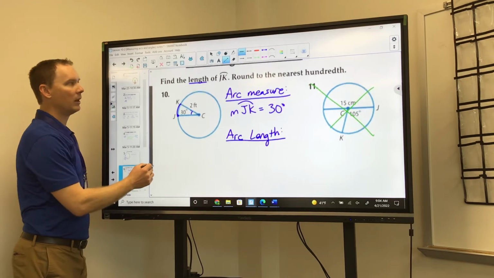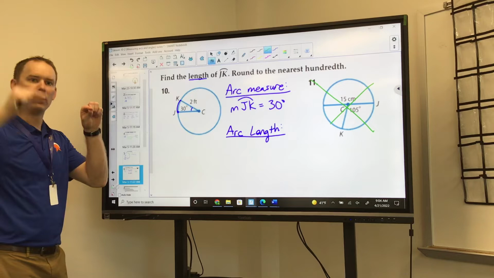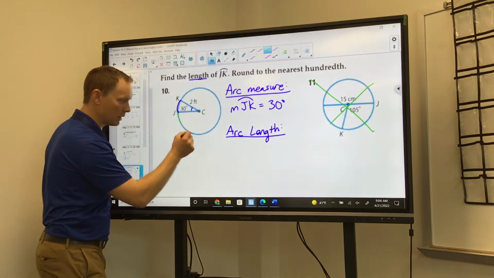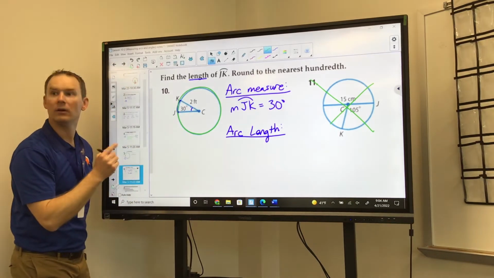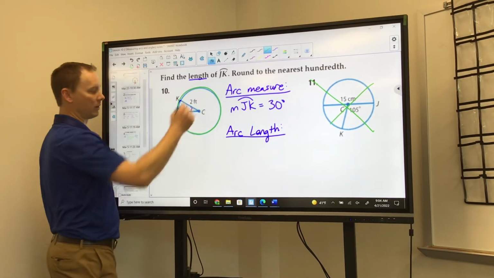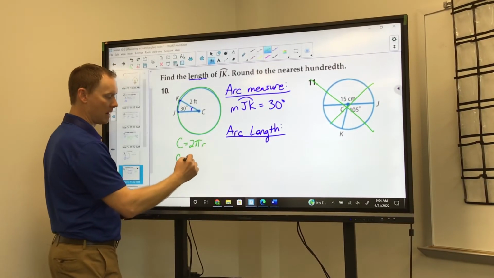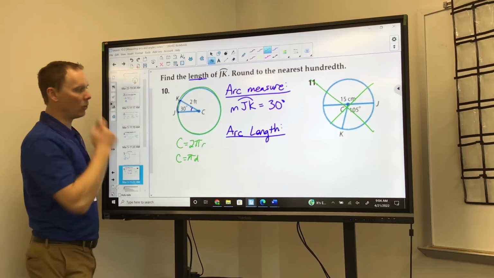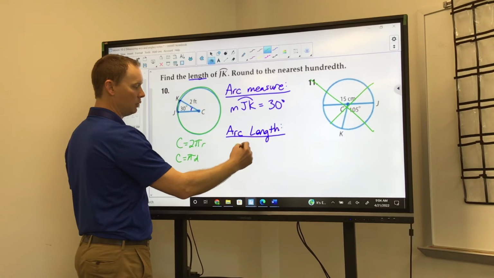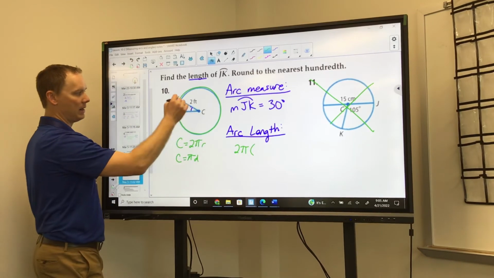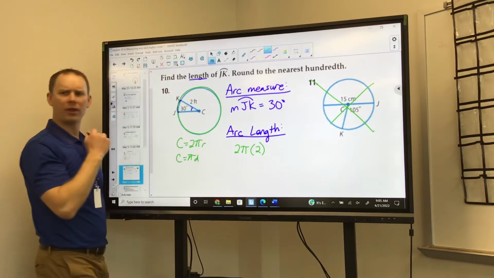So the arc length, we kind of already know a little bit of how to find the length around a circle. Because I think we've already talked about how to find this whole length around there. What do we call that? Circumference, okay. So we already know the circumference is 2 pi r, or pi times diameter. So what if we did this? What if we just found the circumference, 2 times pi times the radius of 2 feet, but we don't want the whole thing, do we?